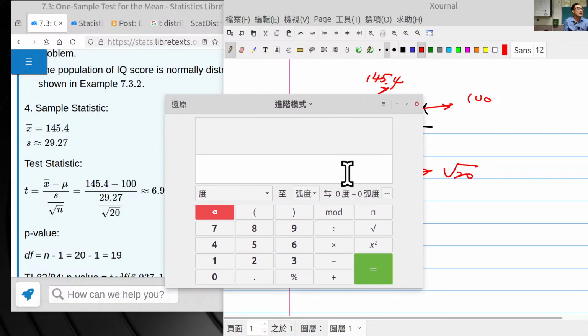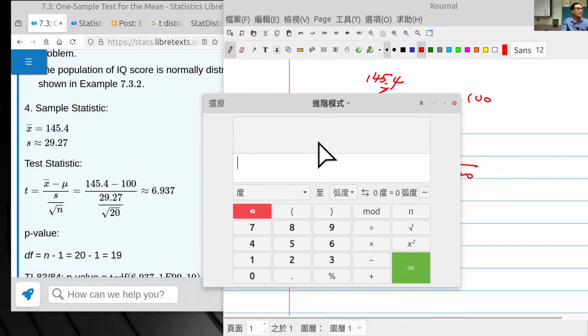There are several ways. Let me explain here. First of all, you can use parentheses: 145.4 minus 100, since you know that is 100, and then divided by 29.27 divided by square root of 20.